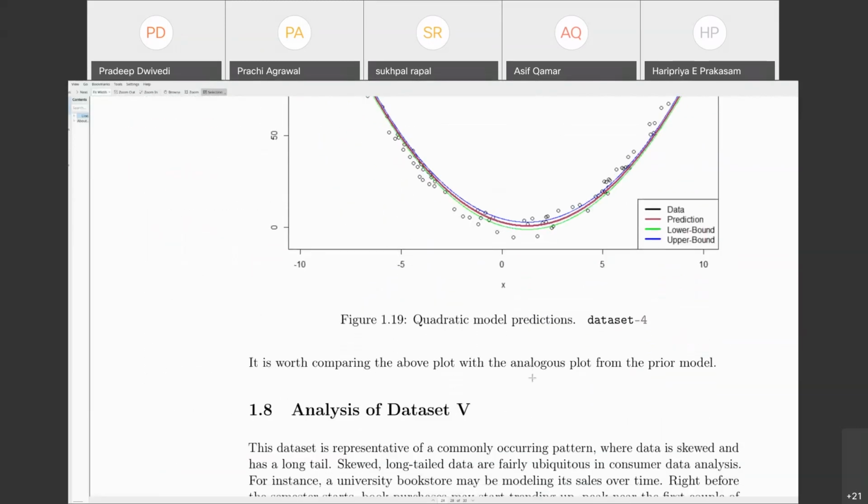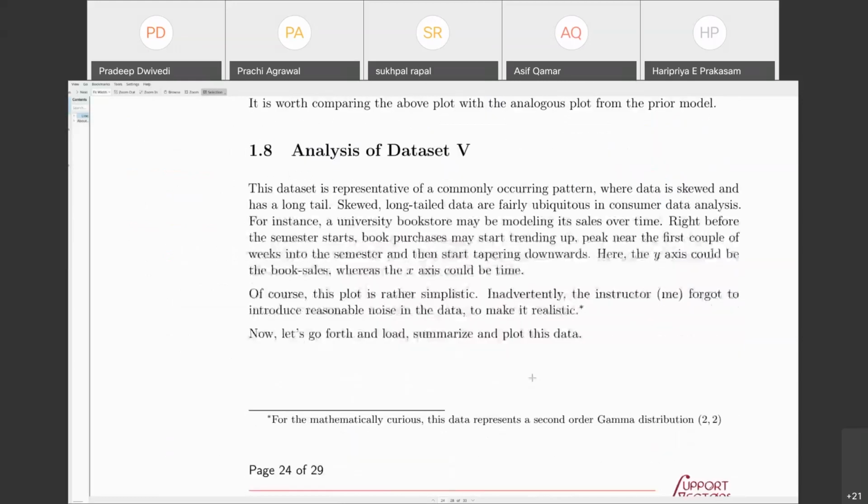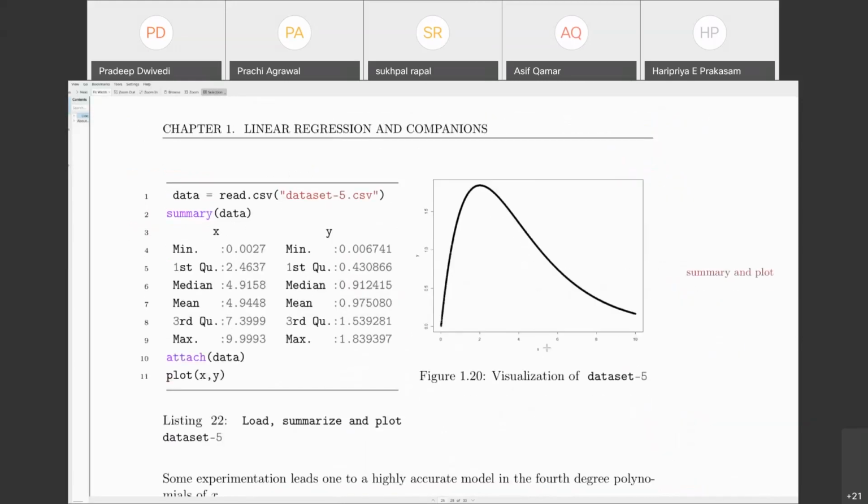You can read this. Now we go to the last data set, which is actually what happens if the data has almost no noise or zero noise, and you do the residual analysis. Well, something peculiar happens. So here is this data. You plot it. What is the first thing you notice in this data?